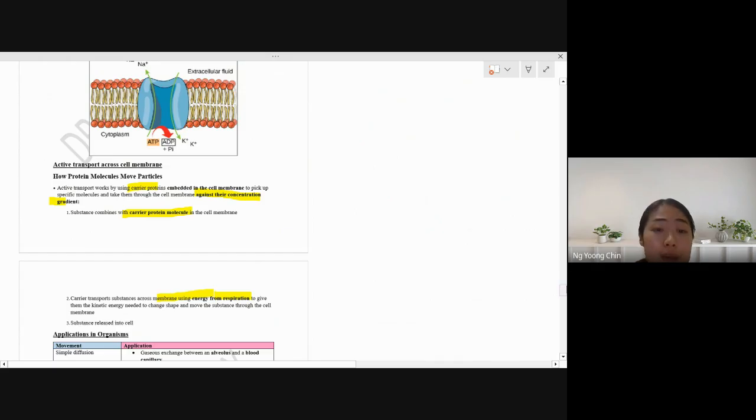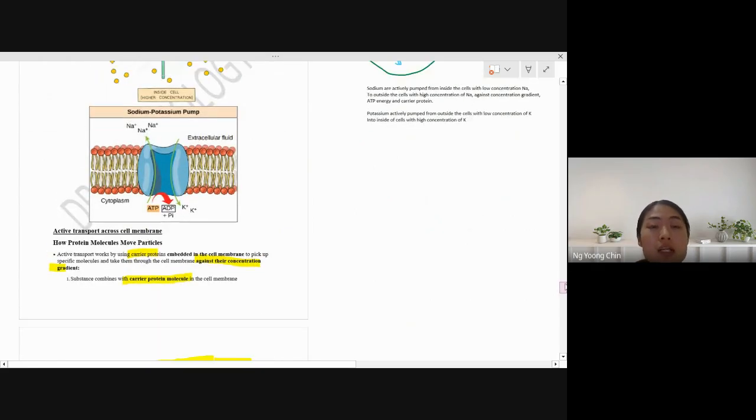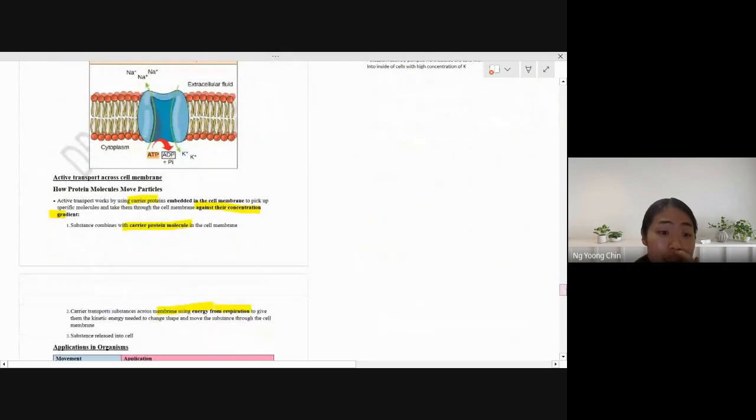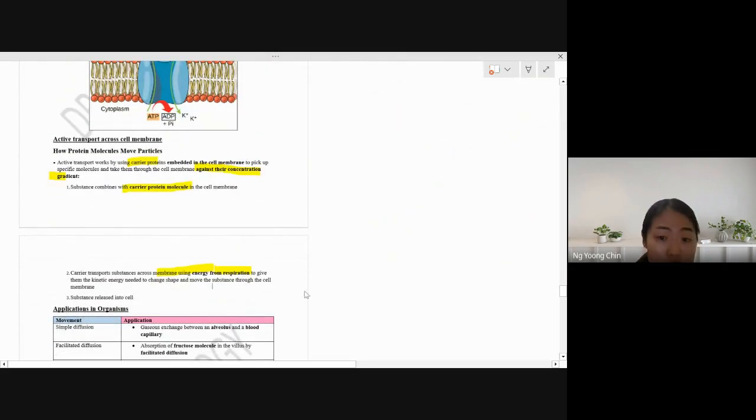Why do they need the ATP energy? This is because the sodium potassium pump is a pump, right? Pump means that it involves a change in the size of the carrier protein. They will cause the carrier protein to change slightly in its size, so they need the ATP energy.